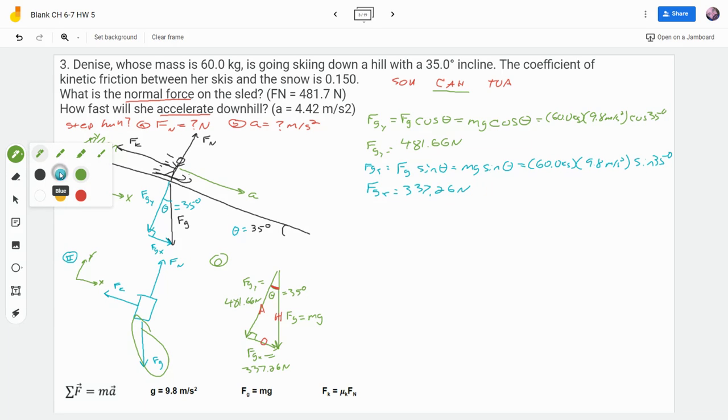Now, of course, we go back and we do another step 2. Again, remember, we're doing it on the tilt here. So here's our new y, here's our new x. Our free body diagram.